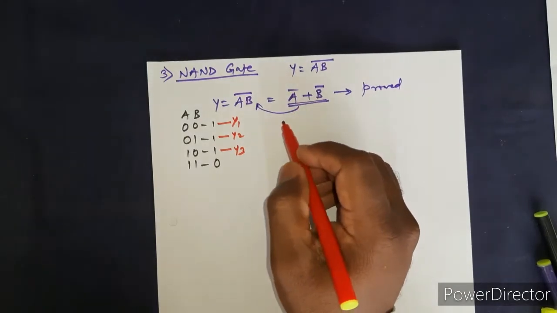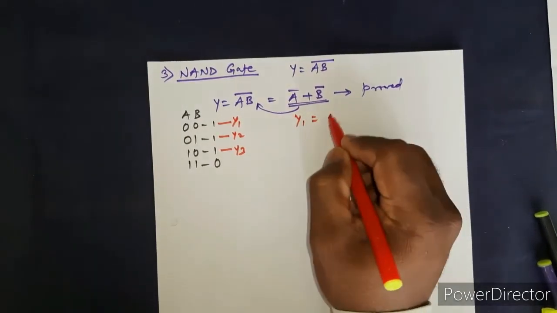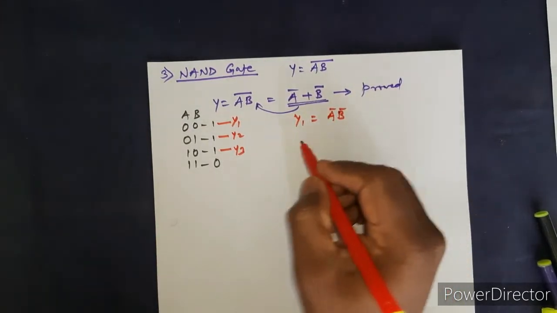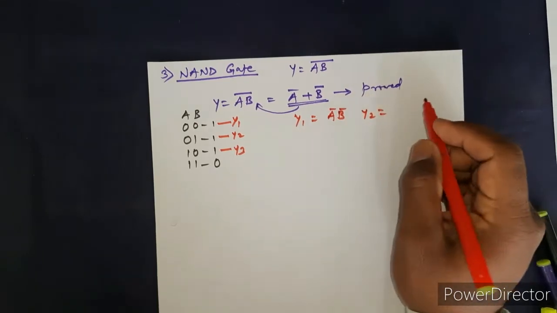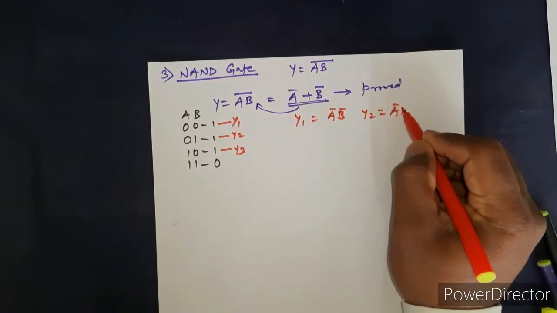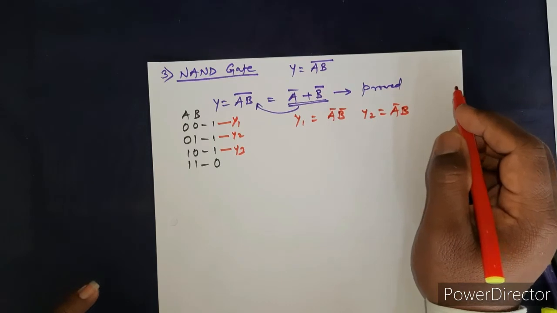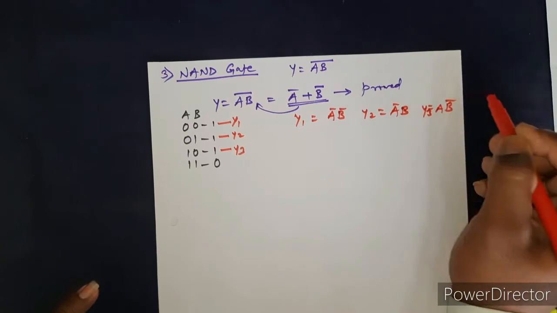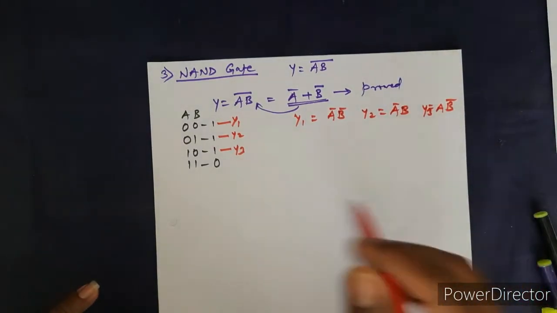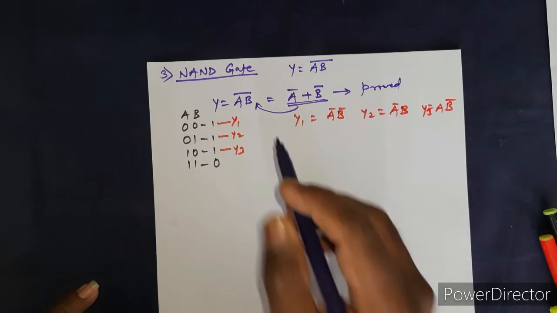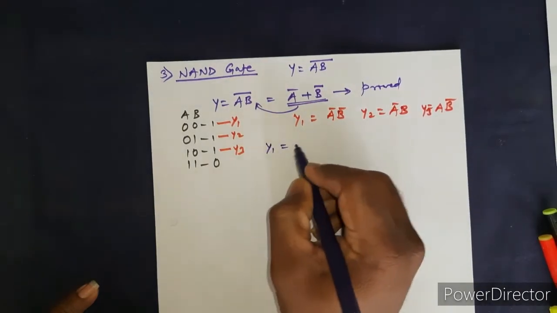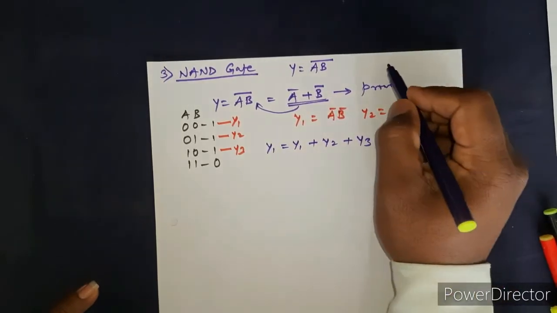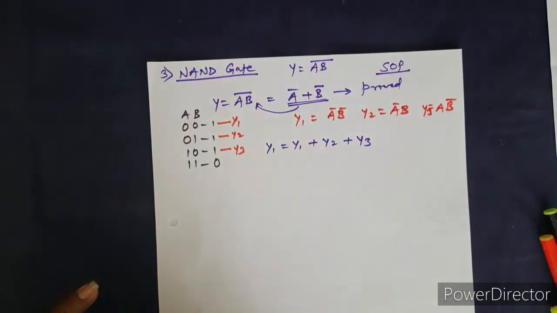Okay, so my y1 is a bar b bar, right? My y2 is a bar b, and my y3 is equal to a b bar. Okay, so this becomes y equal to y1 plus y2 plus y3, since we are trying to write the equation in SOP form.